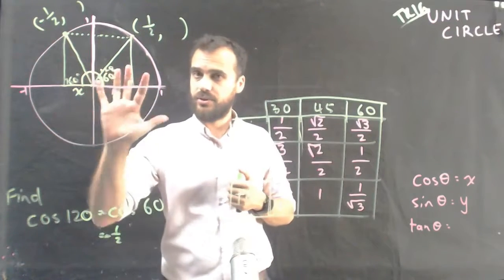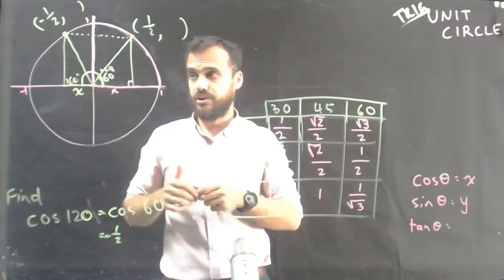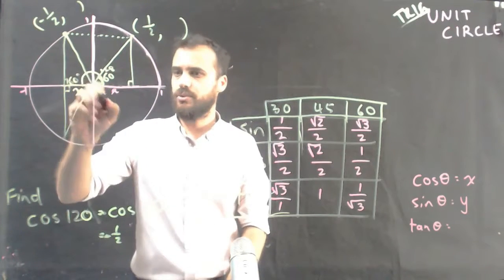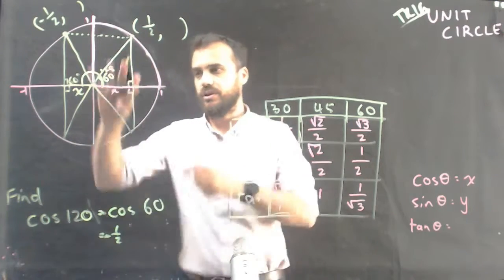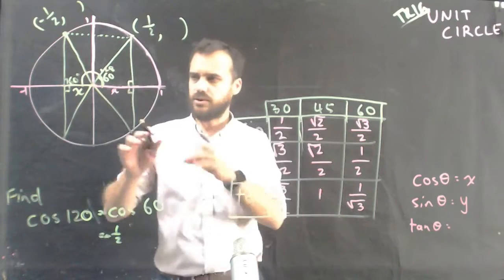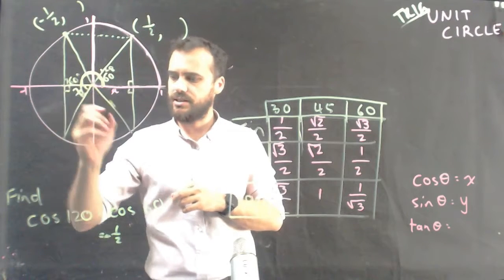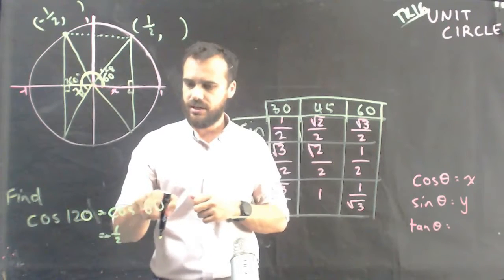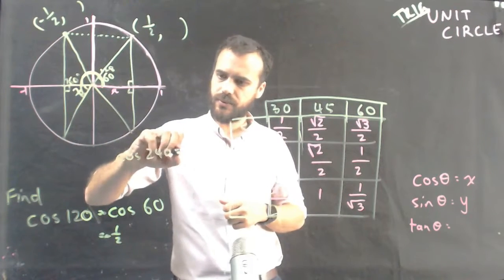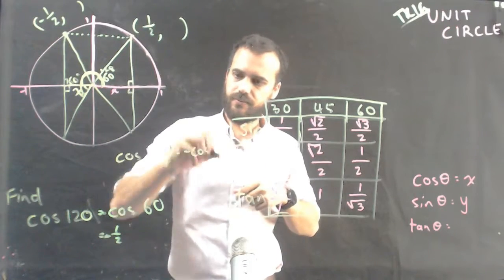So there's a look at how we can use our symmetry here. We can actually use that symmetry all around the circle. We can move into the third quadrant down here, and we can move into the fourth quadrant down here. And we've got symmetry all the way around this circle. So what that means is I can go all the way around to here. That's 180 plus 60. So cos 120 is equal to negative cos 60. Cos 240 is also equal to negative cos 60.